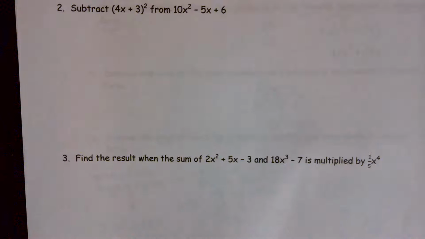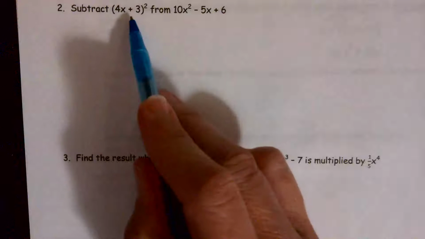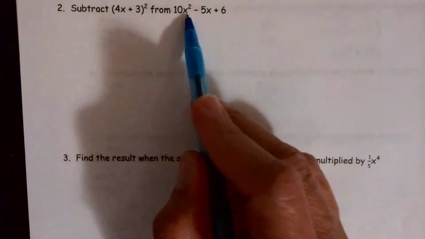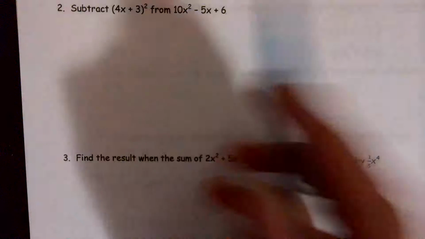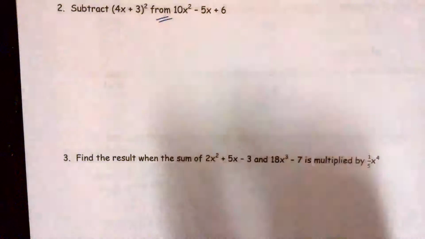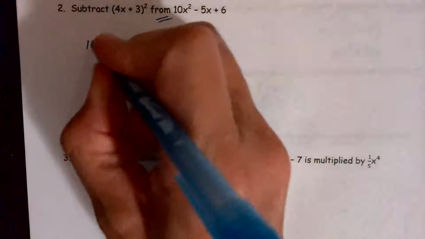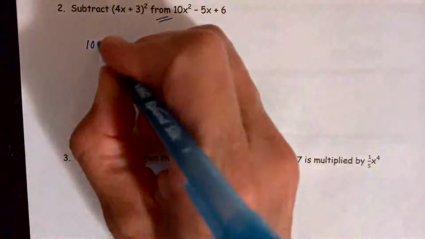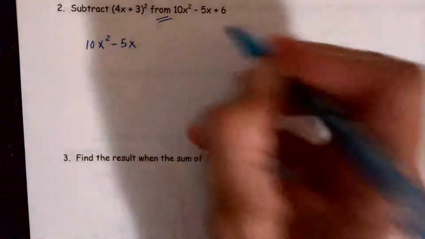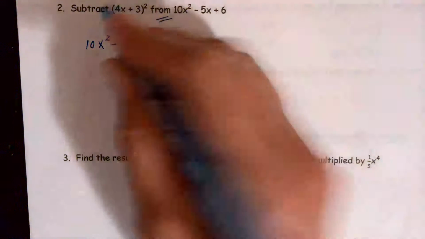Let's take a look at the next problem. Subtract 4x plus 3, the quantity squared, from 10x squared minus 5x plus 6. So subtract this amount. From goes first. So I put this entire expression in front. We don't need to put parentheses around it because it's not going to be affected.